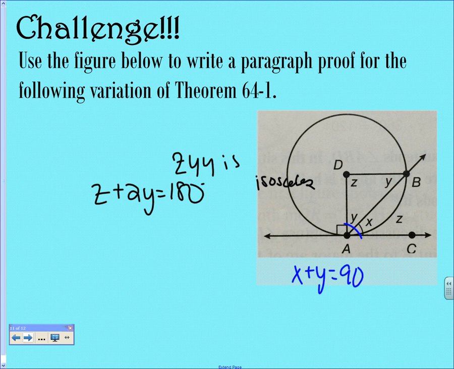Y equals what? Yeah, we're trying to get there. No, because those lines aren't parallel.